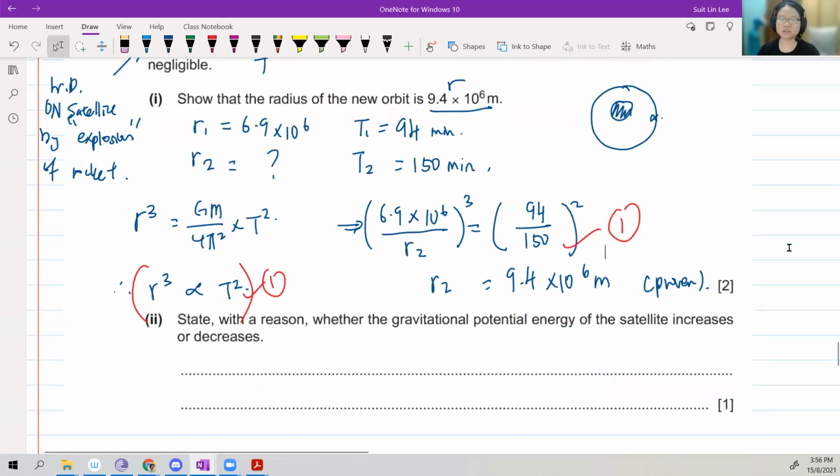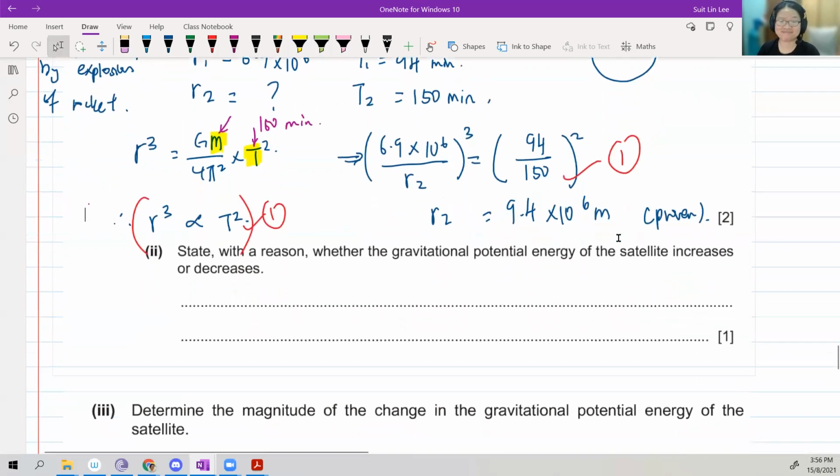You might be thinking, teacher, can I calculate, like, put back in the equation? I put back in this one because I have M, which is the mass of the planet. I have T, which is 150 minutes. Then I find R cubed. You can also substitute from scratch. Also can. But I like ratio. Ratio is my best friend.